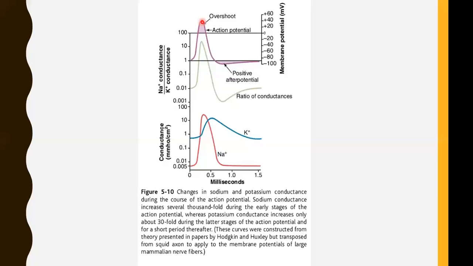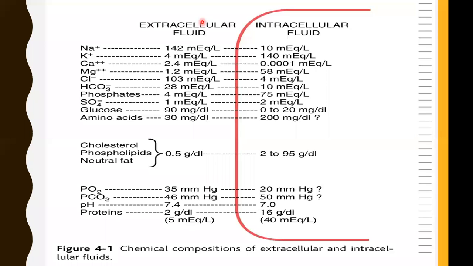And immediately after the closure, within a very short duration of time, it is followed by the opening of the voltage gated potassium channel. Here you can see the potassium. And you know that the potassium ion concentration inside the membrane is 35 times greater.